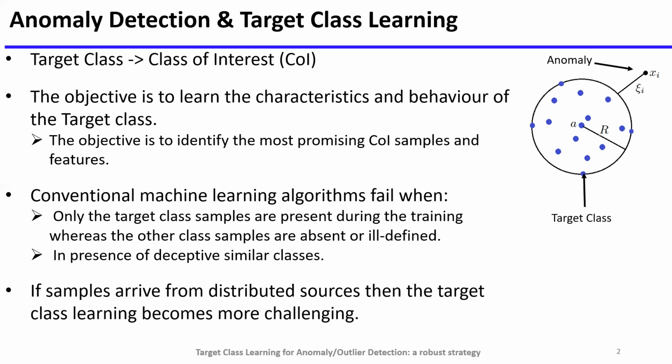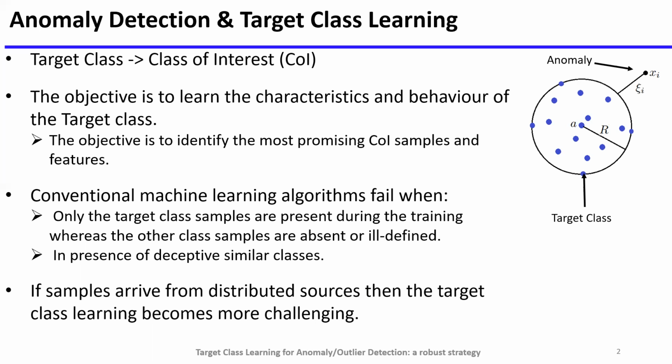Then conventional machine learning algorithms like support vector machine, random forest or decision tree simply say that the incoming sample C belongs to either A or B. That is surely a misclassification and a misguided approach.